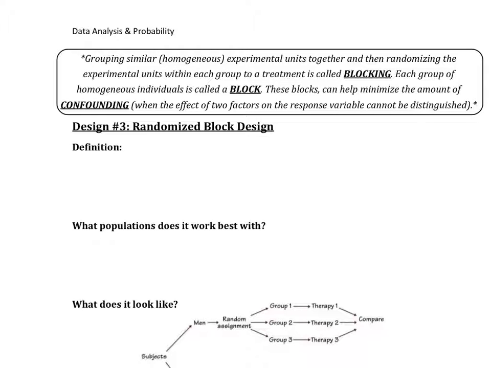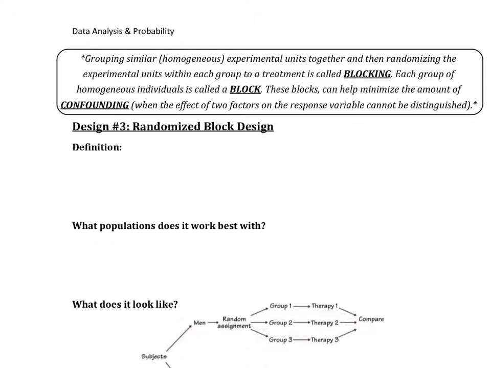With randomized block design, it allows you to group together more similar experimental units into blocks, so you can have bigger groups, and then randomize the experimental units within each group to get the different treatments, called blocking.